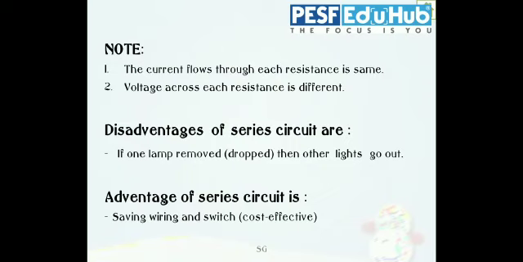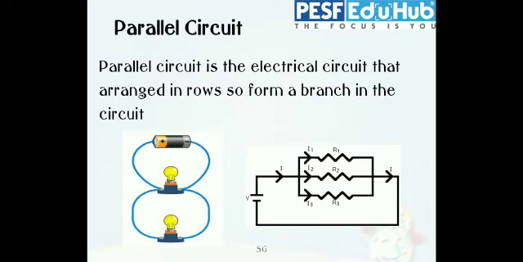But in most practical cases, we adopt parallel circuits, because a parallel circuit is a circuit arranged in rows, so it forms branches in a circuit. Here the resistances are connected row-wise.